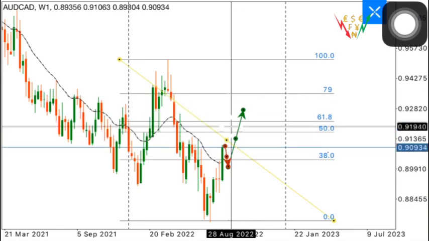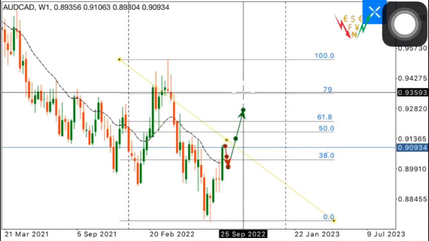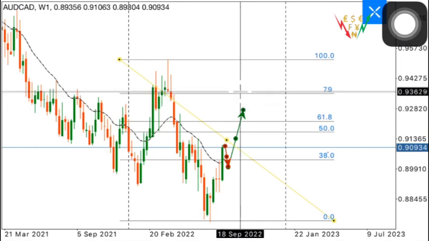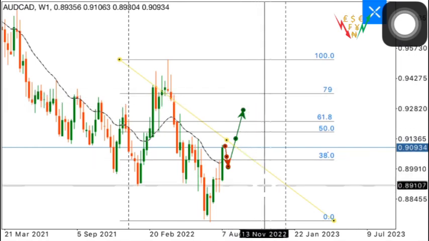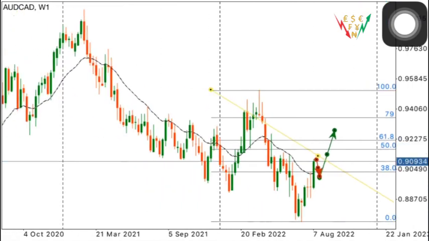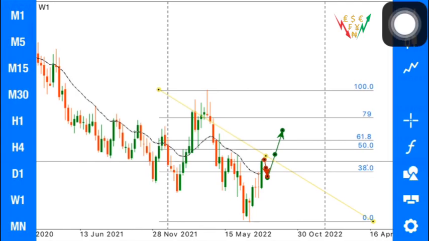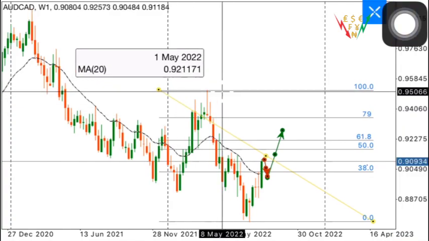So price may get to the 79 before it maybe considers coming downwards again, to move in the existing trend, that is if this structure is not broken for price to make a reversal.